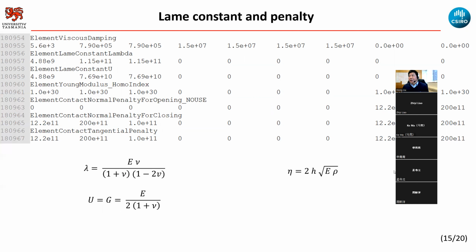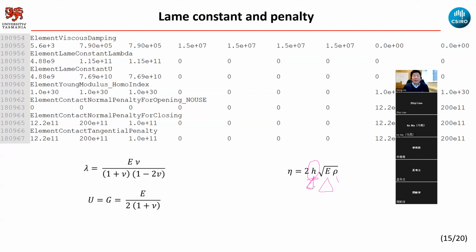It is using this formula. Okay, E, that's the elastic modulus. Rho, that's the density of the rock. H is the average length of the element size.